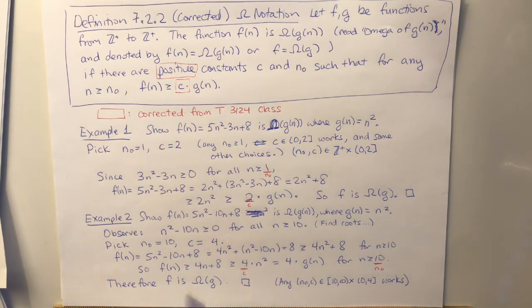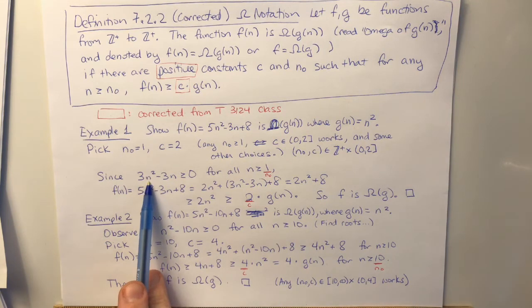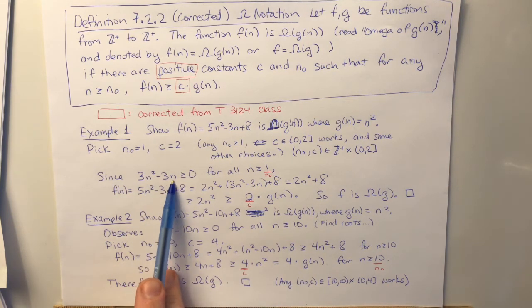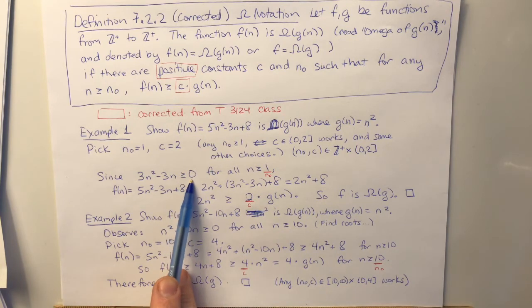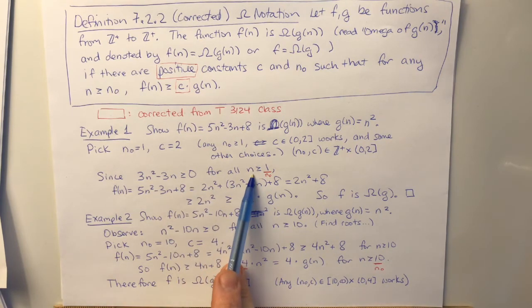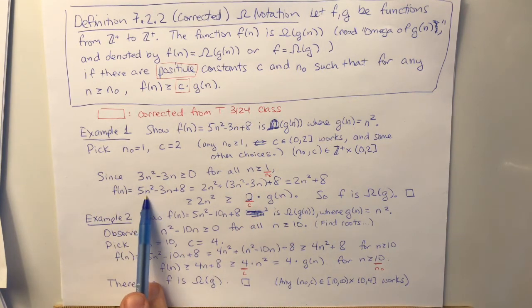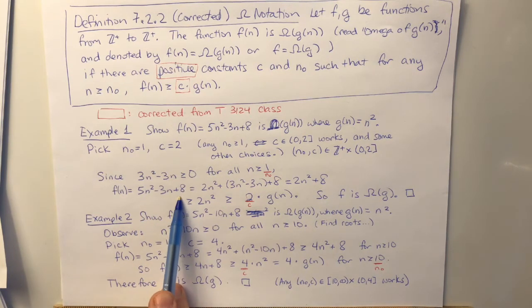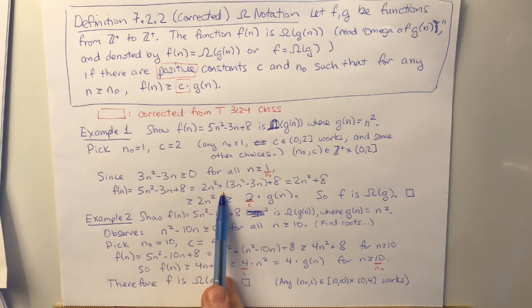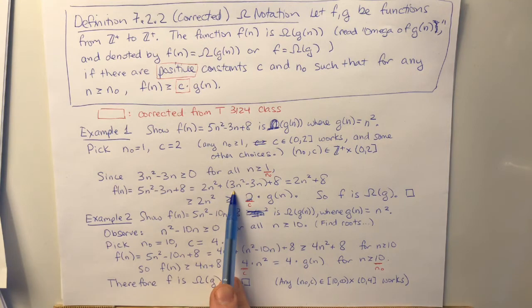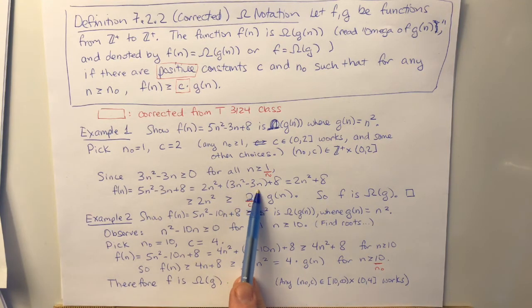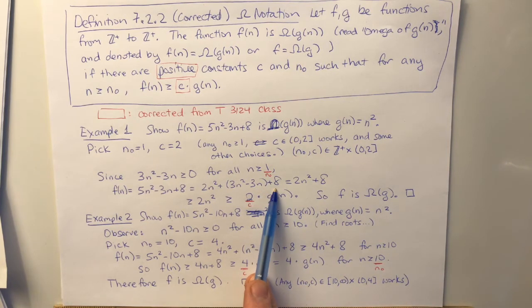So with n₀ equals 1, c equals 2, let's make this observation. 3n² − 3n is certainly greater than or equal to 0 for all n at least 1, which is our n₀ value. Using this fact, let's express f(n), which is 5n² − 3n + 8, as 2n² plus the 3n² that we borrowed from 5n², minus 3n, plus 8.